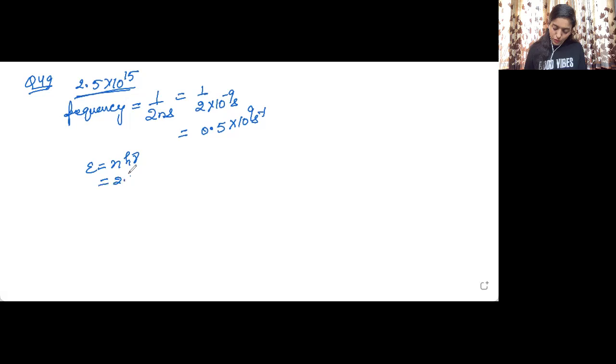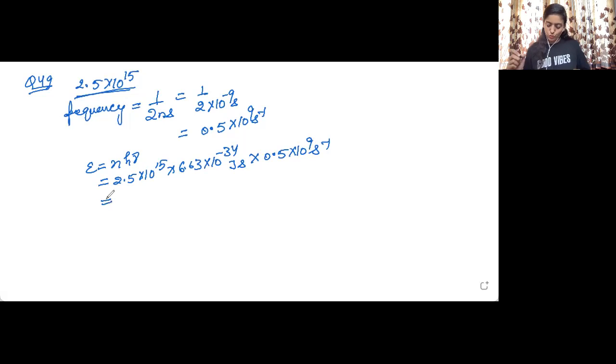It will be equal to 2.5 into 10 raised to the power 15 multiplied by 6.63 into 10 raised to the power -34 joule second multiplied by 0.5 into 10 raised to the power 9 per second.